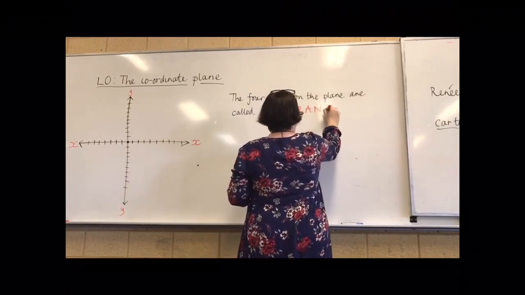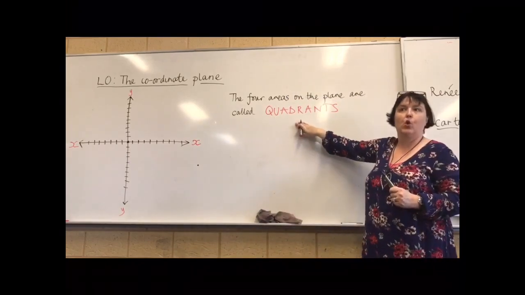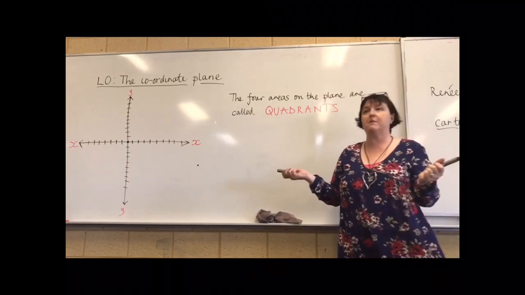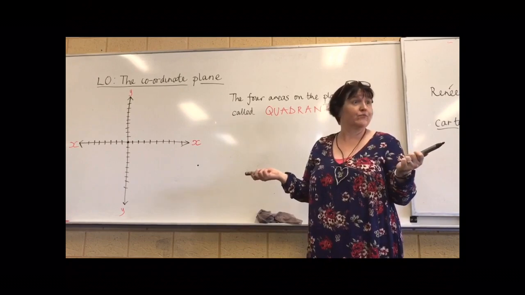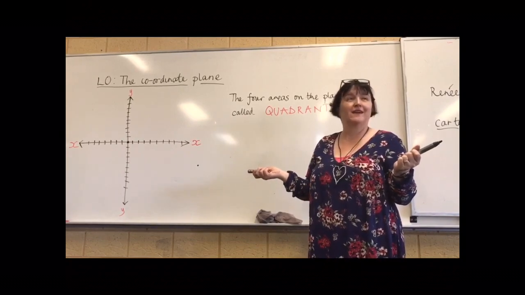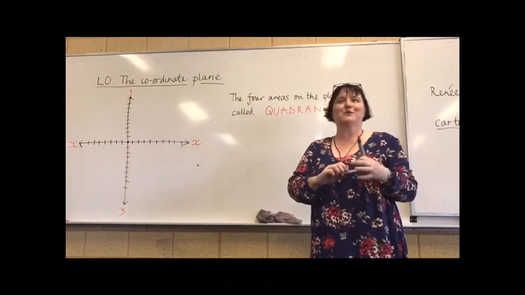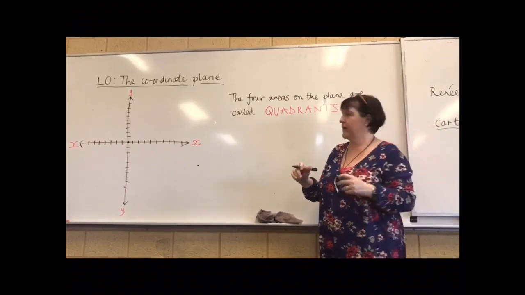Now, where do we know this prefix from? Quad. 4, well done. What word do we know in maths that's got quad in it? Quadrilateral, well done. Any shape with 4 sides. So quadrants, they're called.